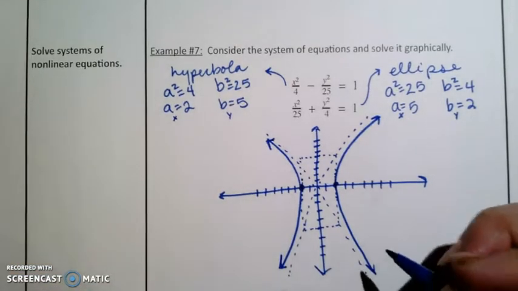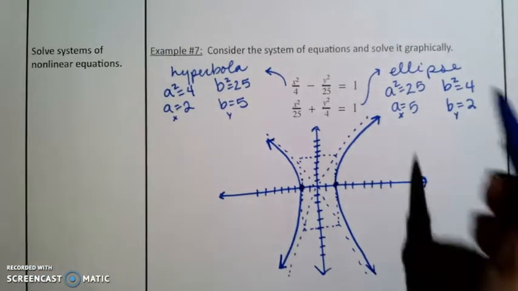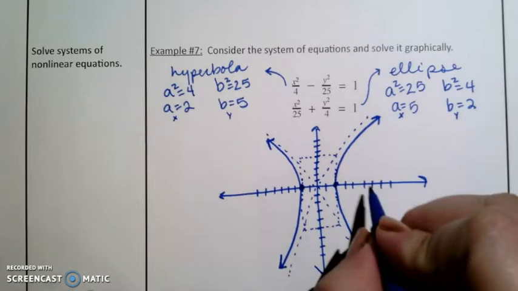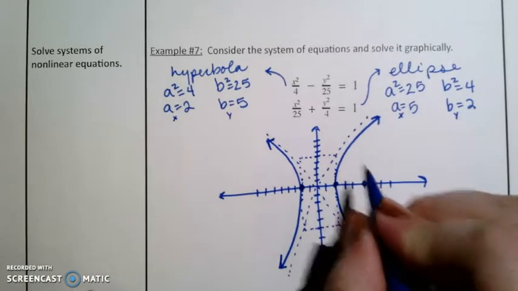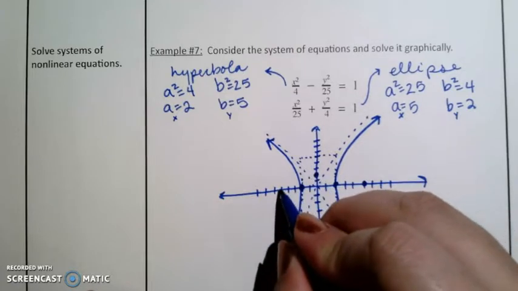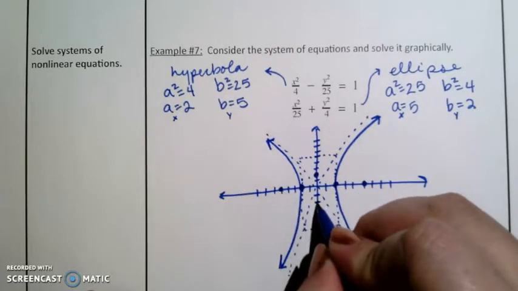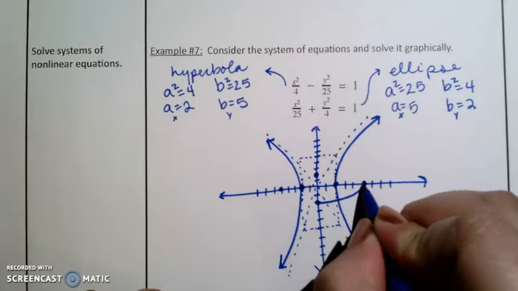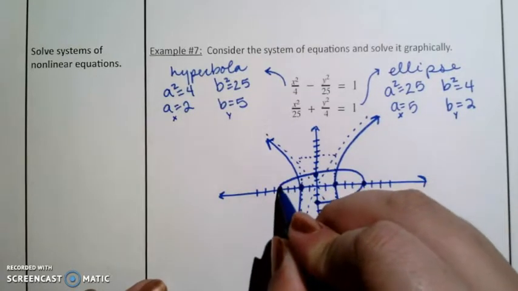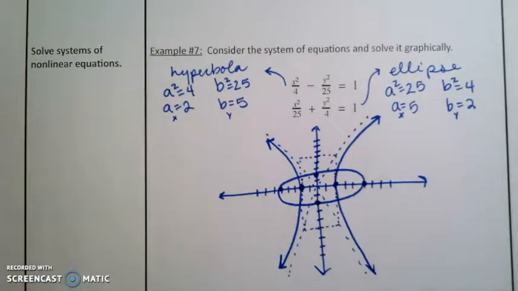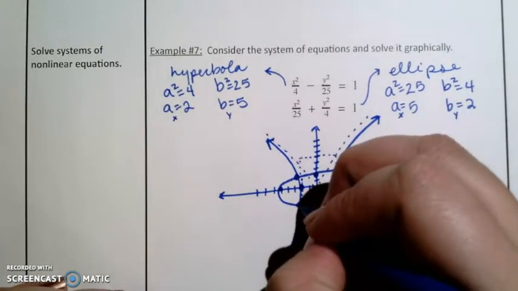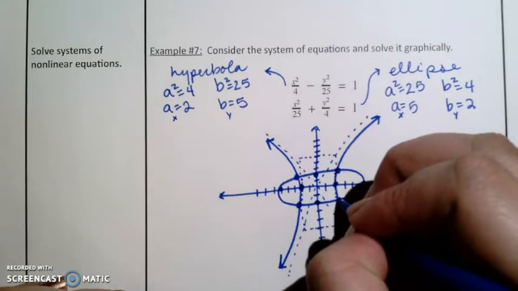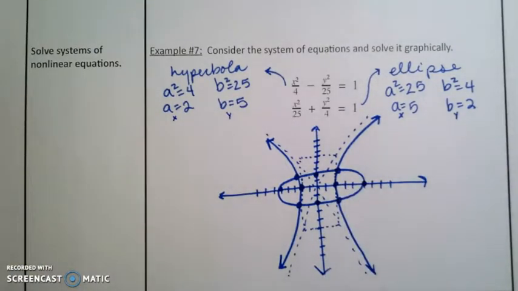Okay, so that's a sketch of my hyperbola. Now for the ellipse, my major axis is 5 and the minor axis is 2. There we go. So what I'm looking for is the points of intersection. 1, 2, 3, 4 points of intersection.